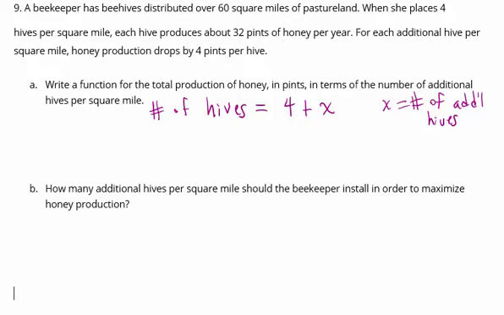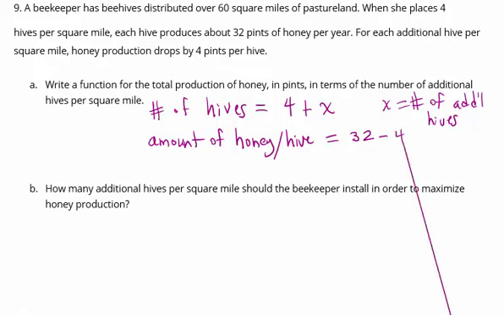Okay, but then each hive produces so much honey, so amount of honey per hive. Okay, so starts with 32 pints of honey per year. But when you add more hives, honey production for each hive drops by 4 pints per hive. So minus 4x. So altogether 32 minus 4x.